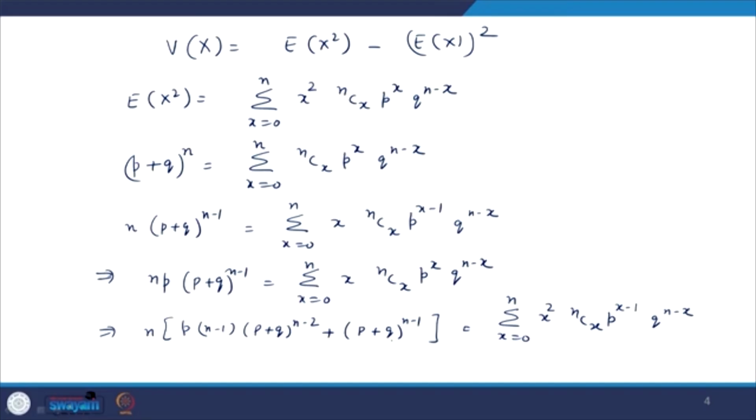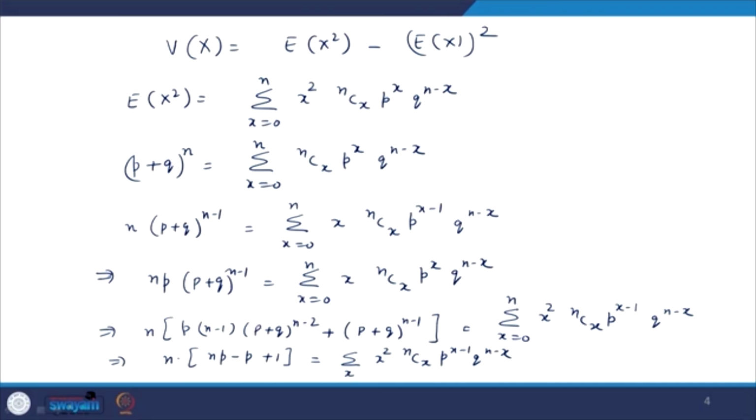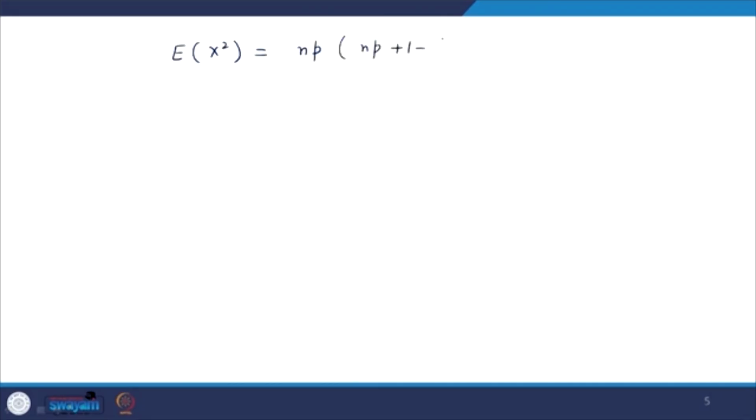Now, as p plus q is 1, it is np minus p plus 1 is equal to this value. Okay. Now, for this you again multiply both sides by p. So, what is expectation of x square finally? You get this as np into (np plus 1 minus p).